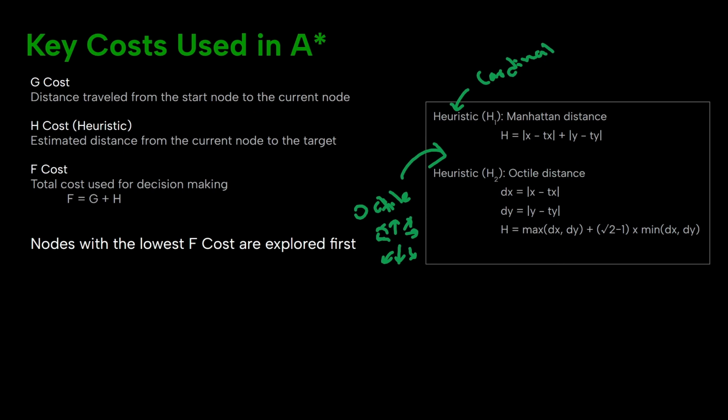Based on that, we have to calculate the F cost to perform pathfinding.